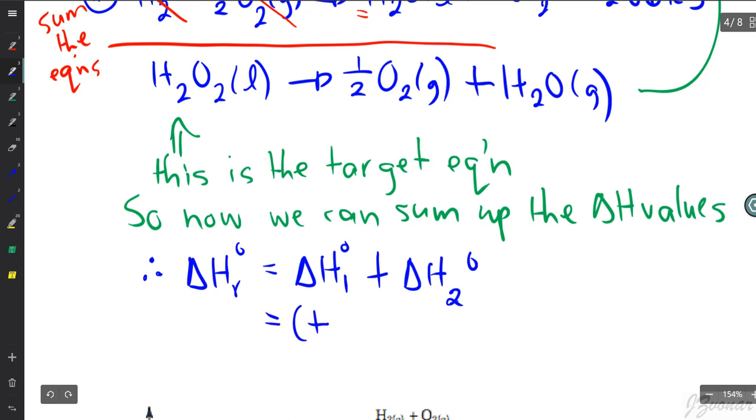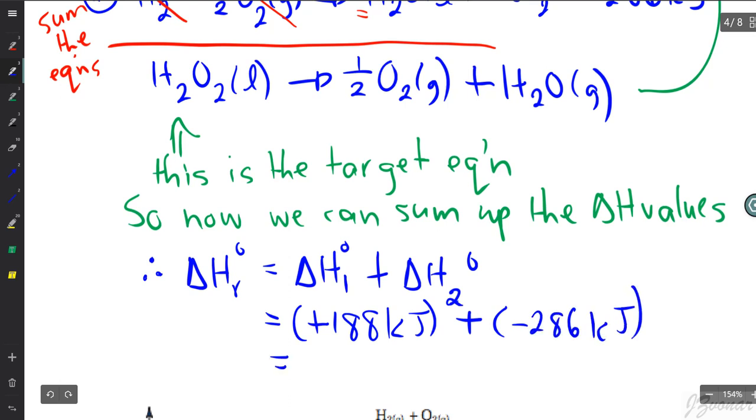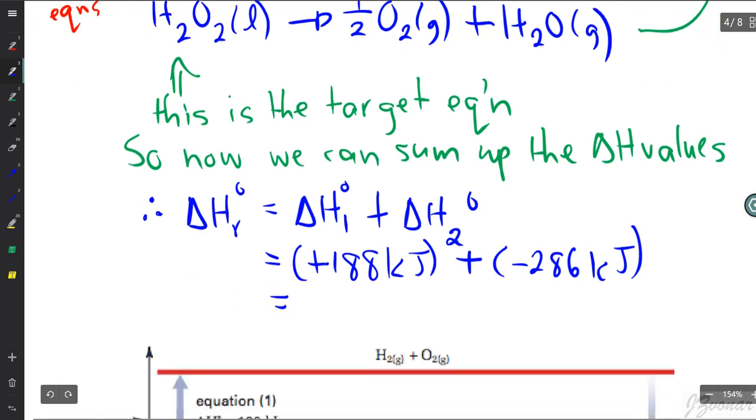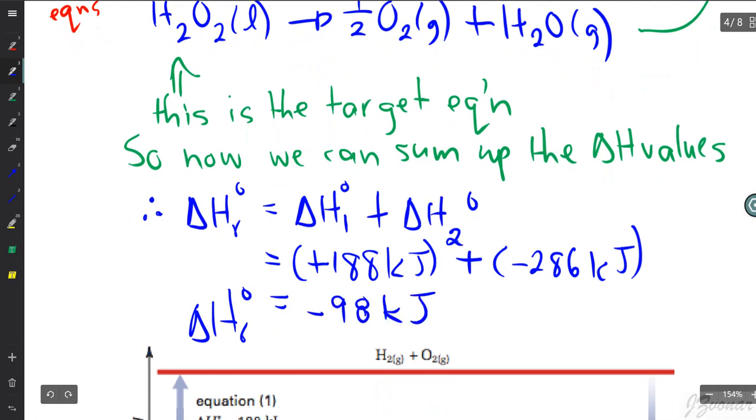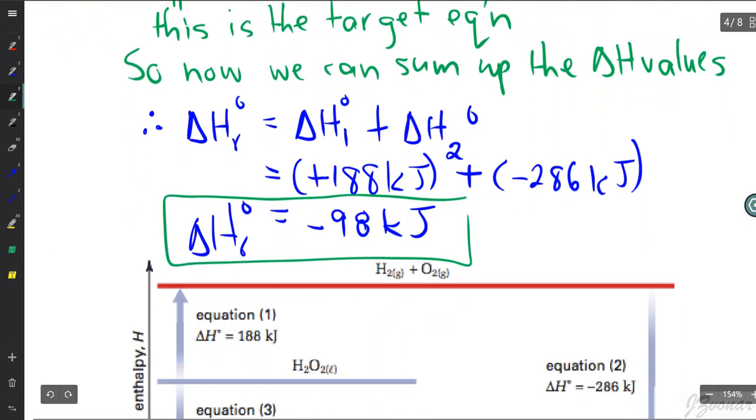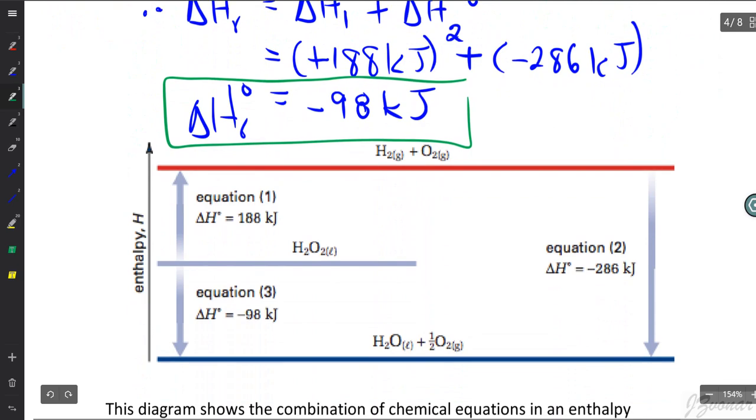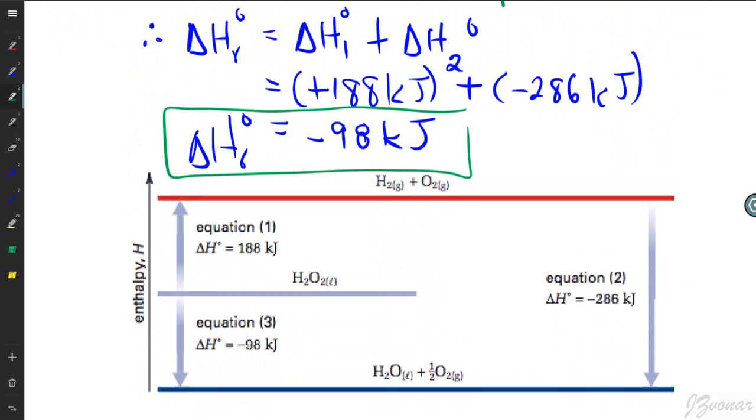So I got positive 188 kilojoules plus negative 286 kilojoules. So please be careful with your arithmetic. Make sure you're adding these correctly. So what this gives me for this particular reaction is negative 98 kilojoules as your final answer.